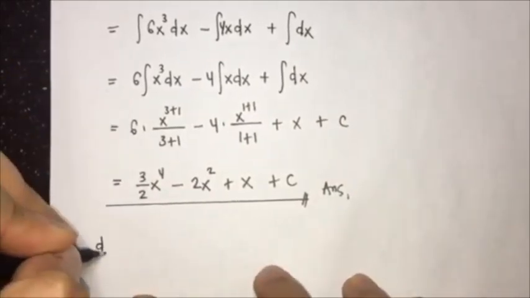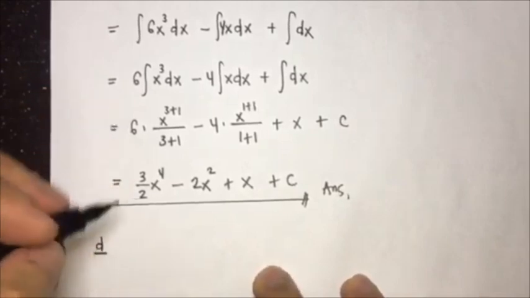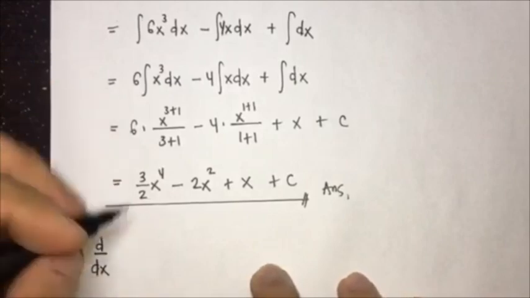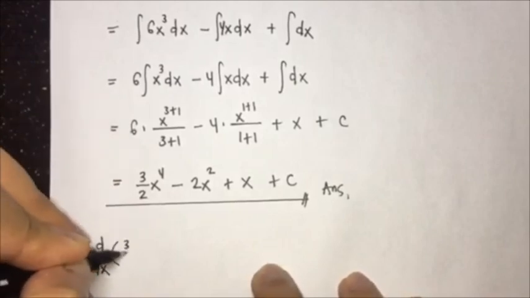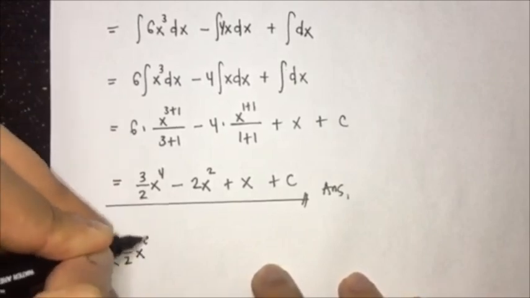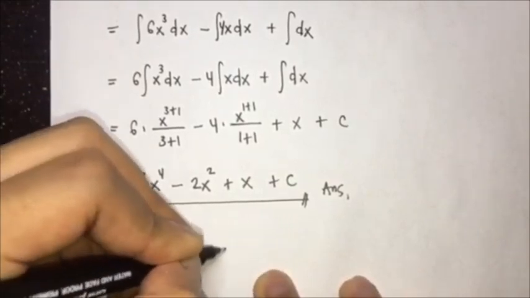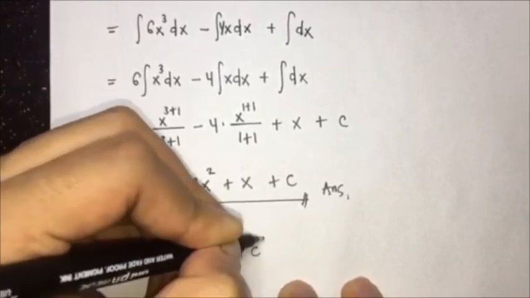So the derivative with respect to x, let's take the derivative of 3 halves x to the fourth minus 2x squared plus x plus c.